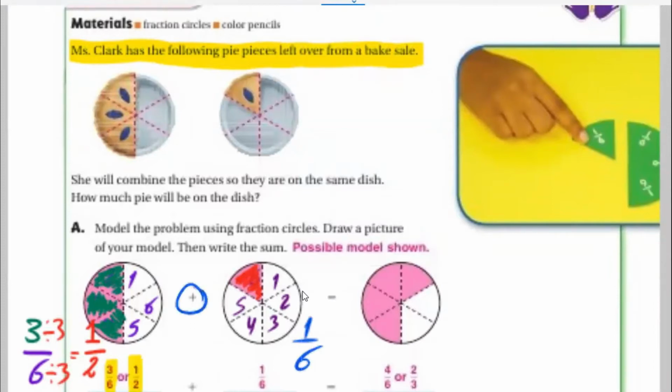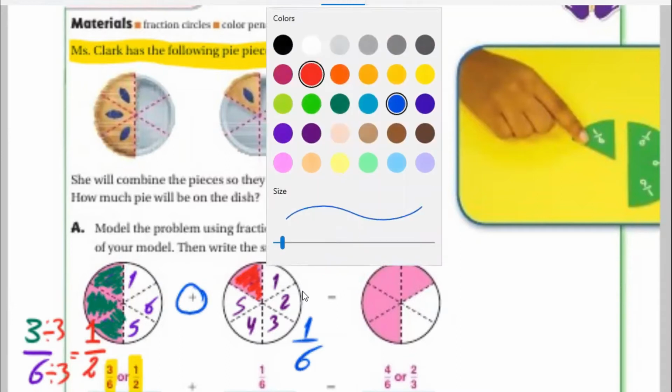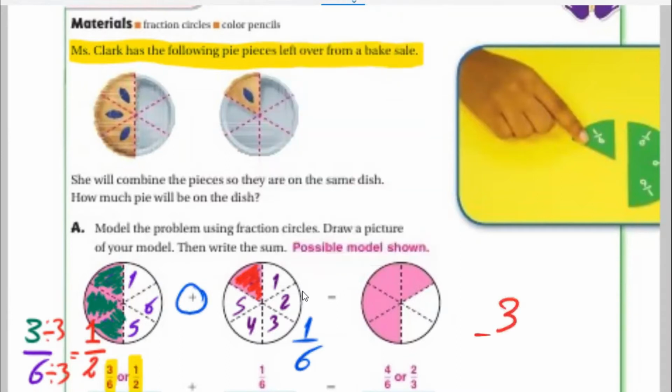Okay, he asked me to add them together. Let's rewrite it here. So it will be 3 over 6, which is the first one, plus the second one, which is 1 over 6. To add two fractions, you should have the same denominator in both fractions.